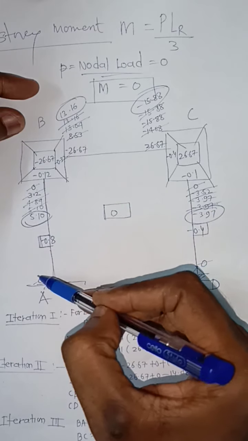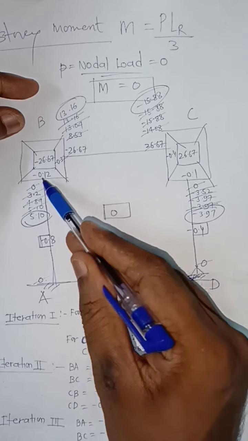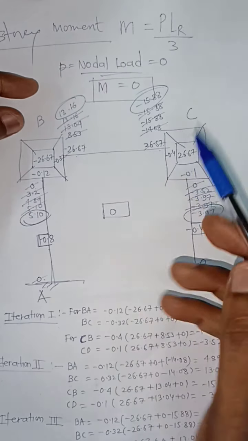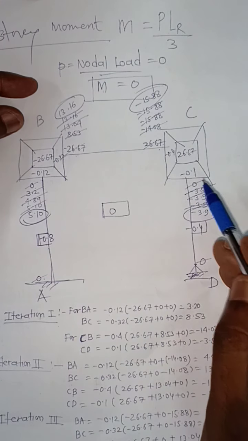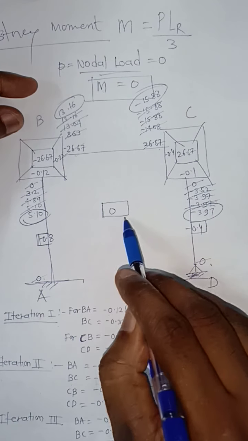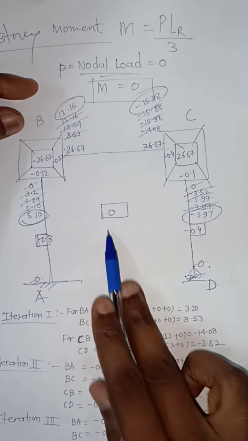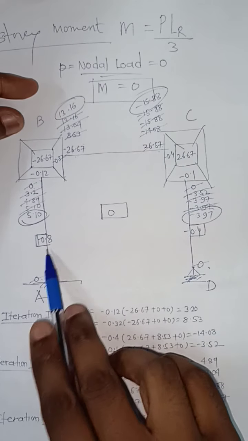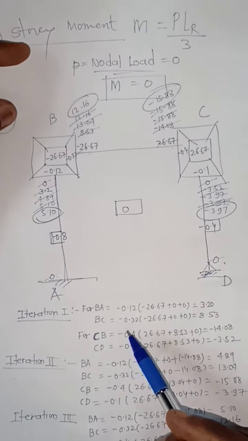Then write the fixed end moments we already calculated: AB was 0, BA was 0, BC was minus 26.67, CB was 26.67, CD was 0, and DC was 0. In the center we write one box and under this the moment value, because all these values are required in the calculation of the column shear, under the column factor.